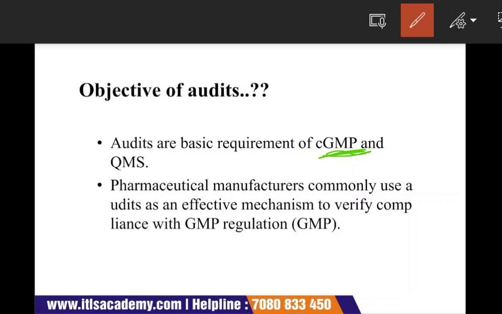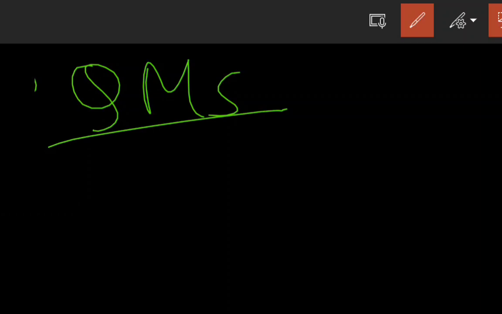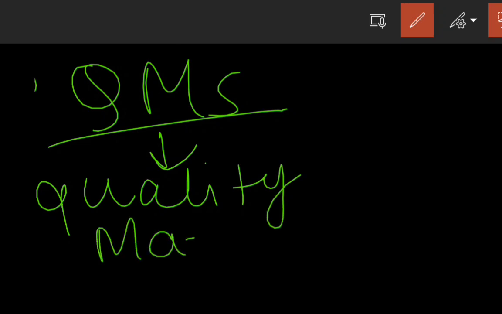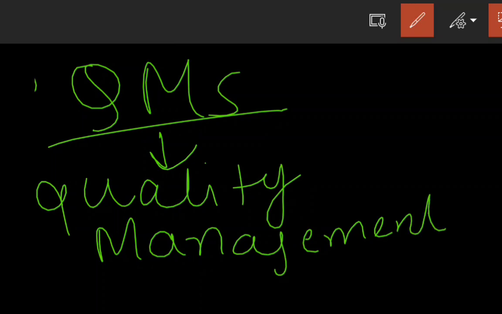Now comes what is QMS. I'm just writing the full form, you can note it down. QMS is the quality management system, M for management and S for system.